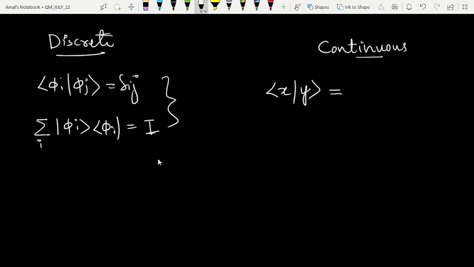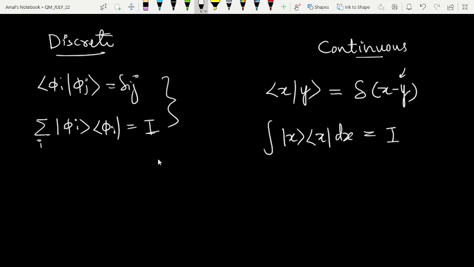The continuous counterpart of that is the Dirac delta function, delta of x minus y. This delta function you have already learned in mathematical physics. Similarly here, summation in the continuous case becomes the integral of the outer product of x with x, dx, is equal to I. So these two are the continuous counterparts of the discrete equations.